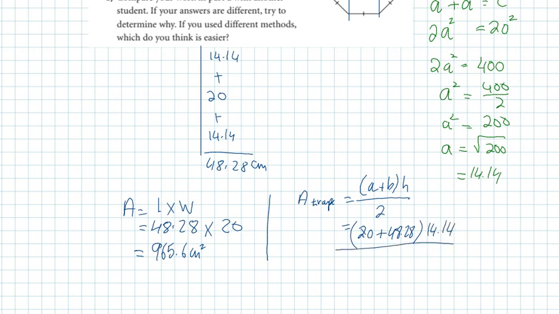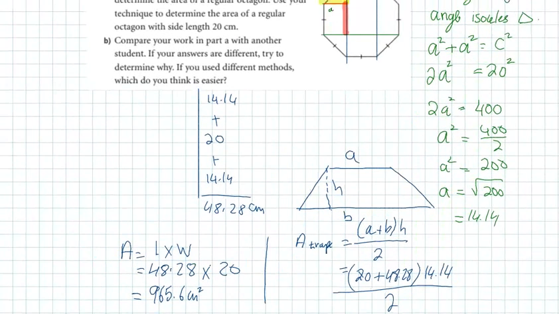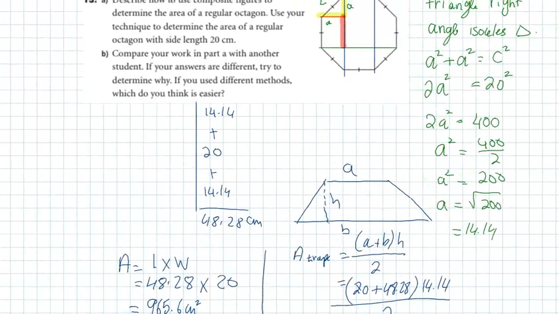Remember, I'm going to go back here. I'm going to draw the trapezoid for you. Alright? If I look at my trapezoid here, A is 20, this whole thing is going to be 48.28, and the height, I've already figured, is 14.14.